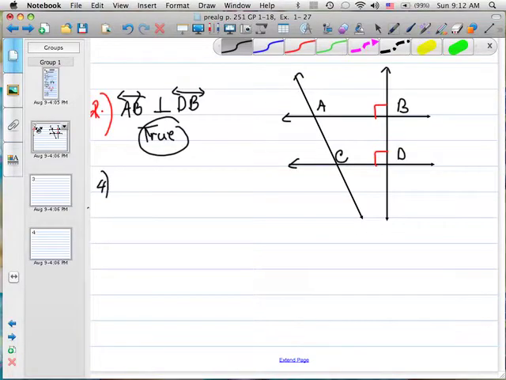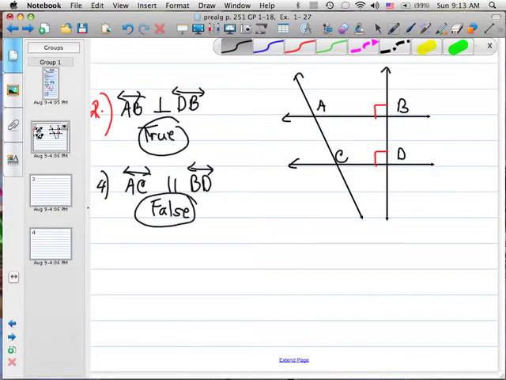Problem number 4 says line AC is parallel to line BD. Here's AC and here's BD, and they're going to eventually intersect, so that's false. They are not parallel. They will eventually meet. Number 6, line AC is parallel to line CD.